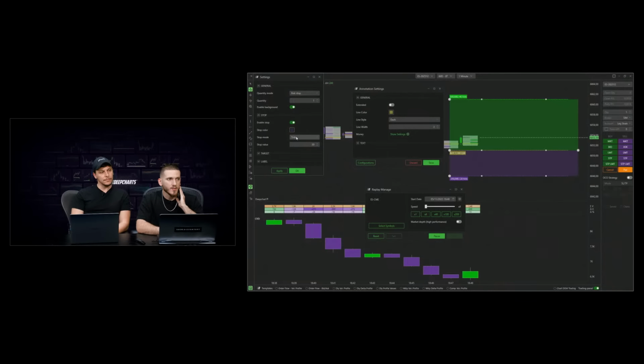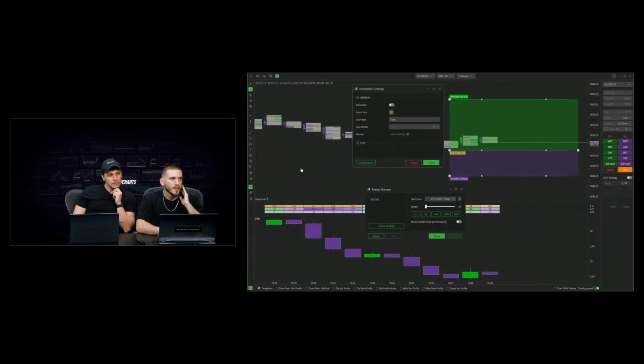And instead of stop loss by tick, we make stop loss by money. Super easy. Let's say I want to risk $500. Stop mode, yeah, still by tick. I didn't click it, sorry. Yep. You're going to apply it. Going to click OK. Save. And as you can see here, it's already writing $500.